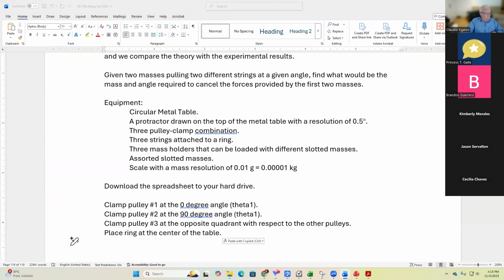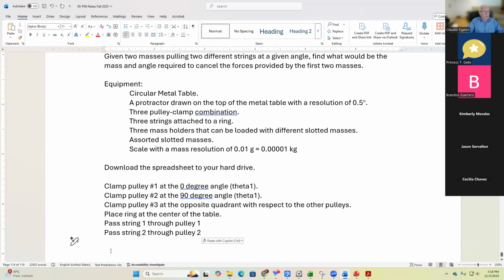Pass string number 1 through pulley number 1 and attach it. The strings are already attached to the ring, okay? String number 2 through pulley number 2. Pass string number 3 through pulley number 3.